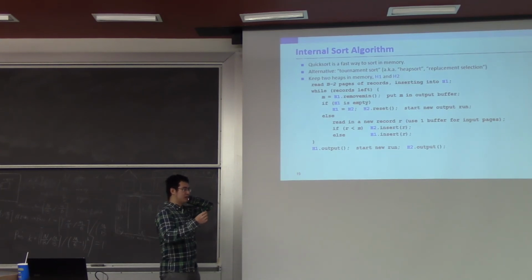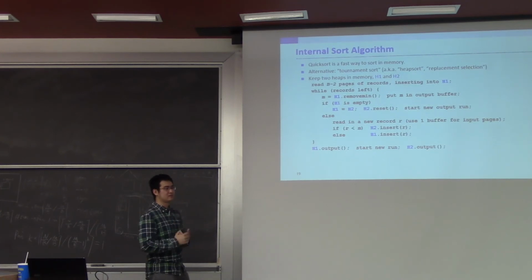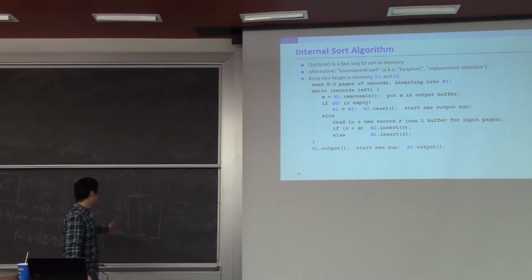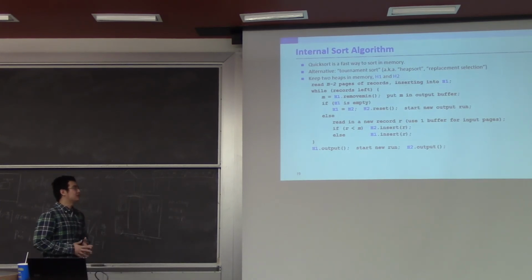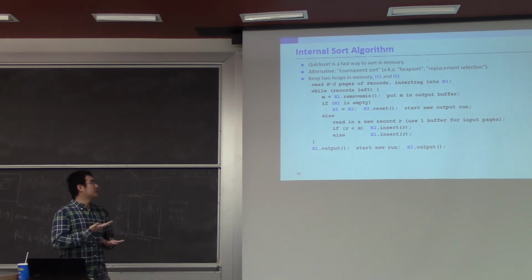You move the next tuple in the input into either H1 or H2, so that the size of H1 plus the size of H2 is always all the memory you have. And that's doable because the heap can be organized as an array. So basically, this is the algorithm.